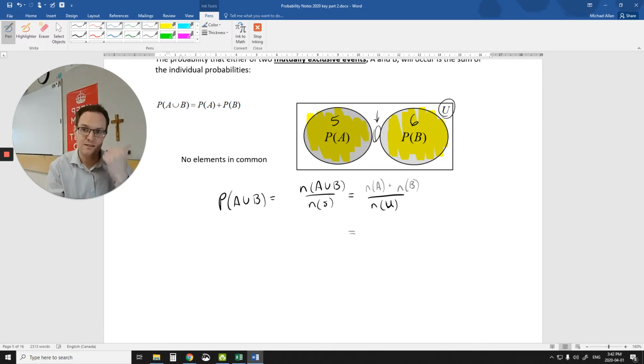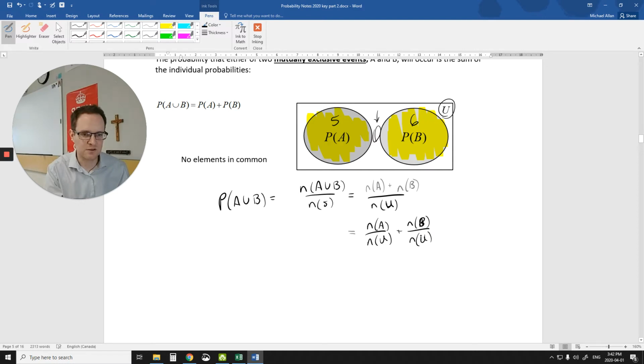If there's overlap, that's the next page here. You'll see what happens. Now, we have a rule for fractions. If I divide by one thing, I could split this up into 2 fractions that have a common denominator. So this is B. So I can split that up into 2 things like that.